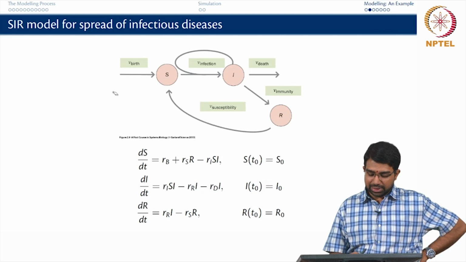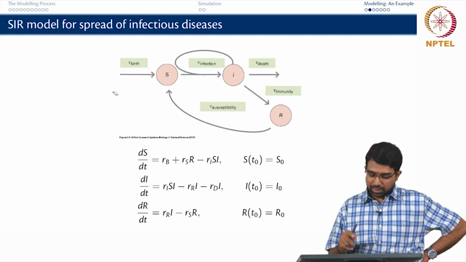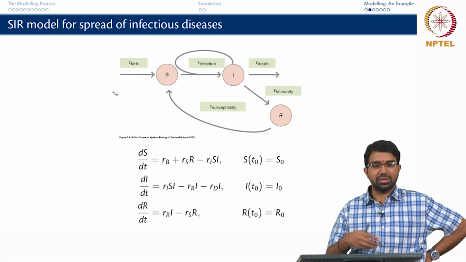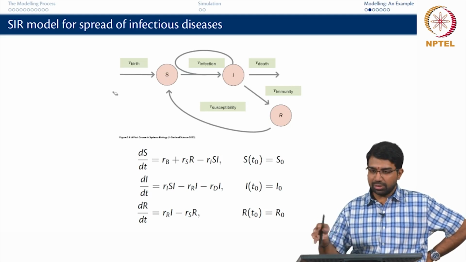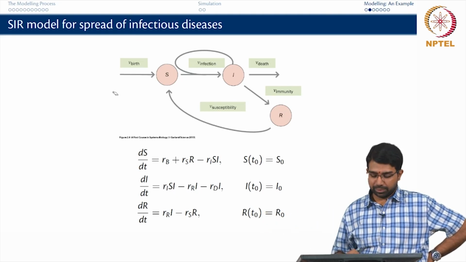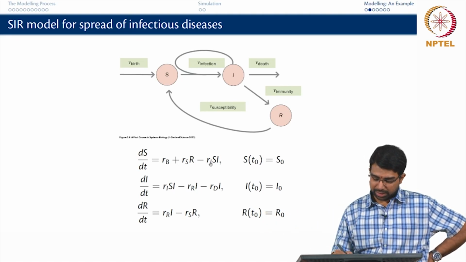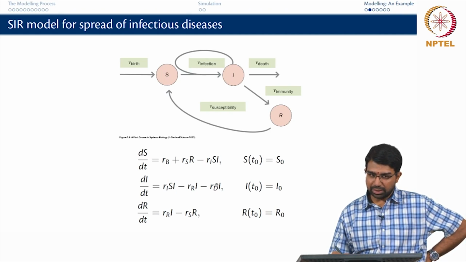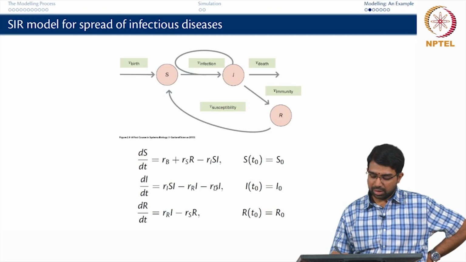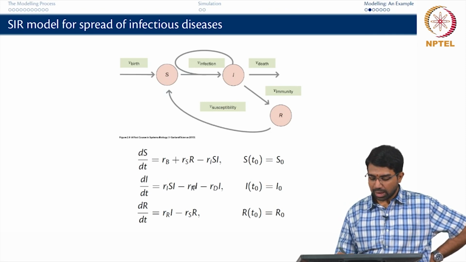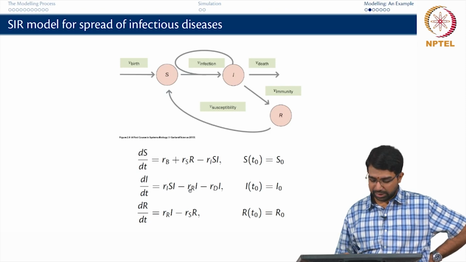So, ds by dt is some birth rate plus some recovered people coming in minus some rate of infection that connects S and I and takes them to infected. So, this term actually ends up coming here, and then minus some death rate which can actually be linked to the population, and minus some recovery rate.